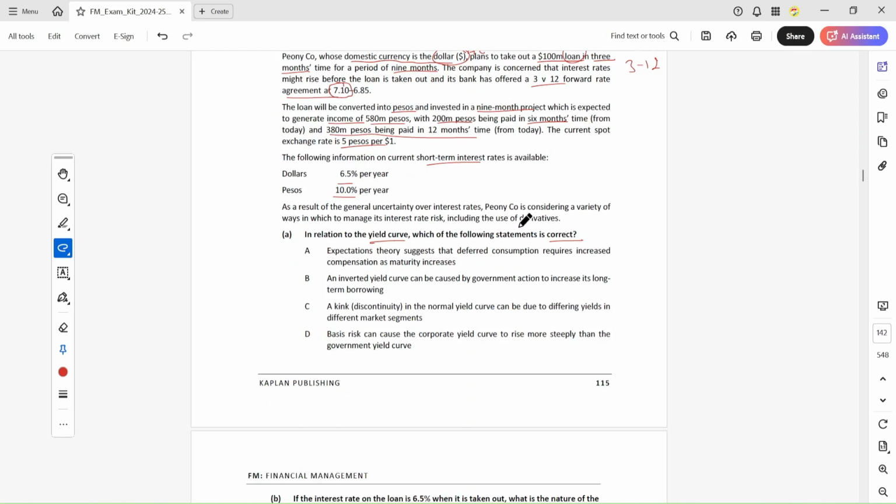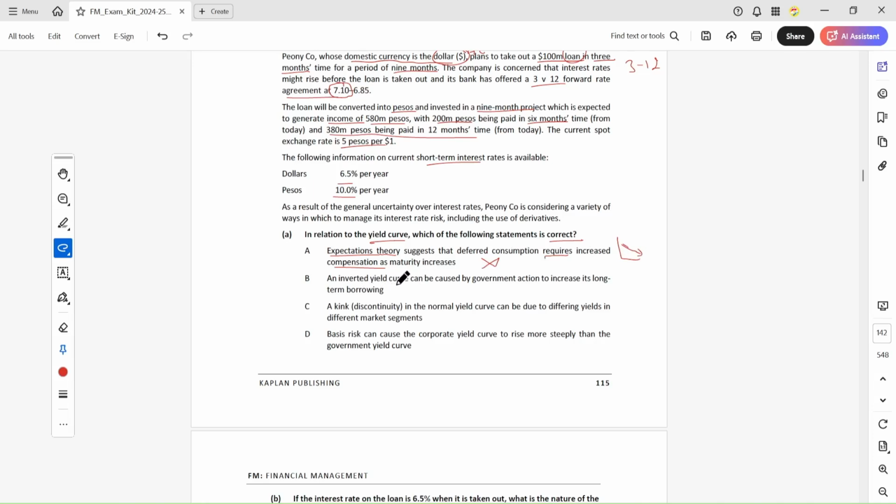Expectation theory suggests that deferred consumption requires increased compensation at maturity. No, expectation theory says that the expectation is that future interest rates will reduce. Okay, so this is not correct.